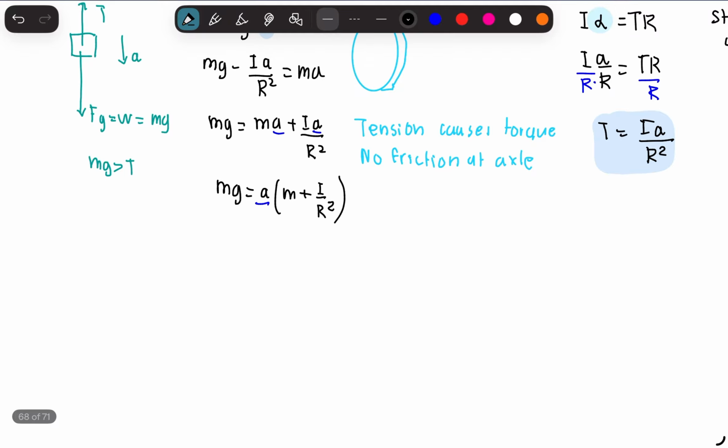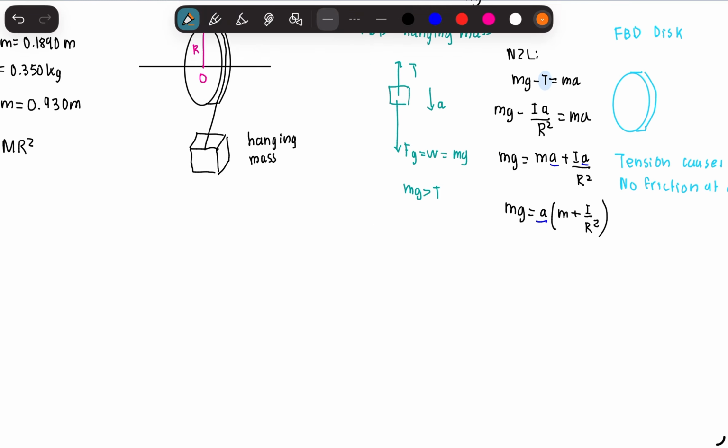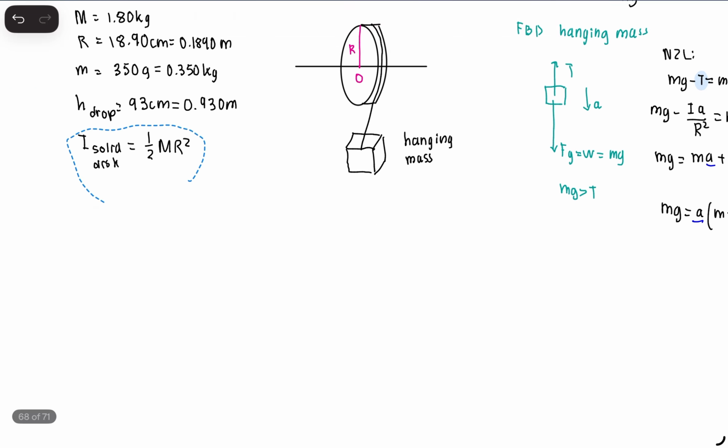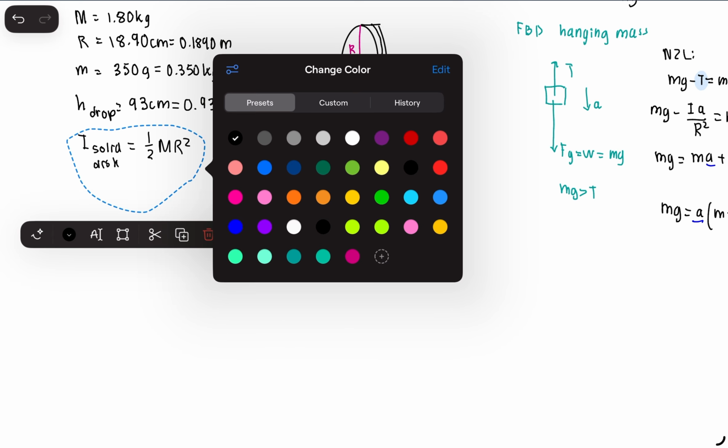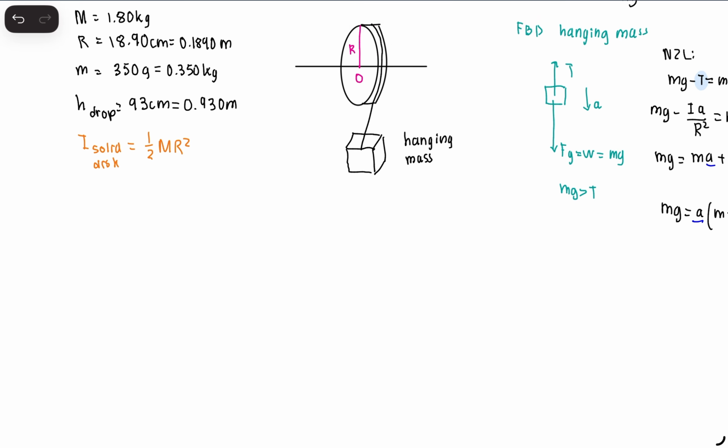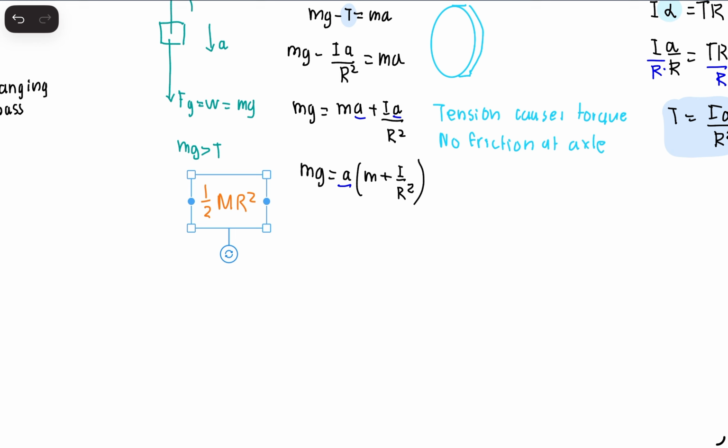After this, you can substitute in your moment of inertia. So our moment of inertia is 1/2 mr squared, and we have I over here.